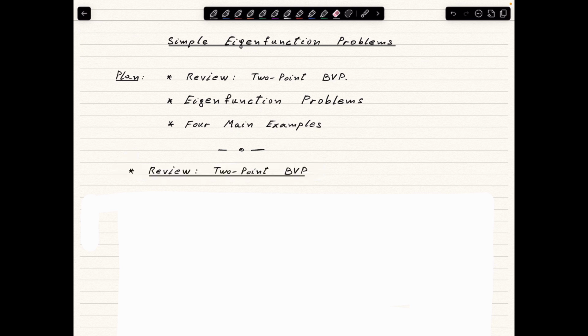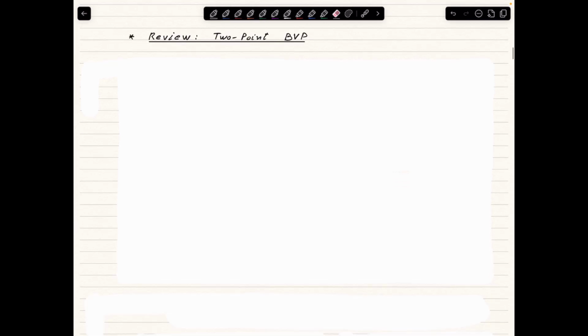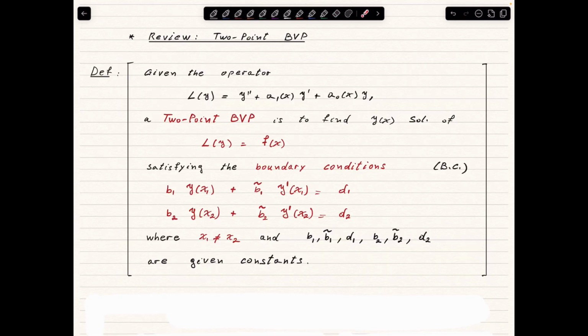Let's start reviewing 2-point boundary value problems. Recall, in a previous video we said that given a second-order linear differential operator like this one, then a 2-point boundary value problem is to find a function y of x that is solution of this differential equation plus these boundary conditions.